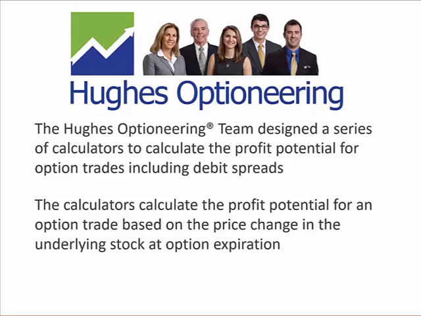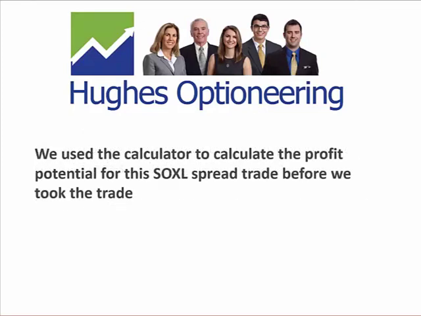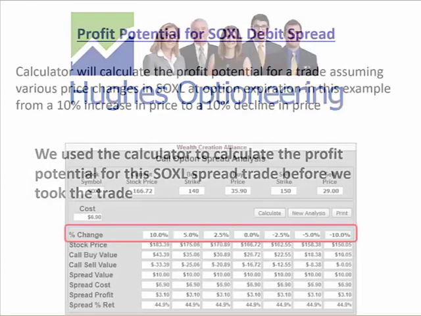And these are pretty neat because we can look at our calculator before we take the trade, and then we know what the profit potential is. So we use the calculator to calculate the profit potential for this SOXL spread trade before we took the trade.